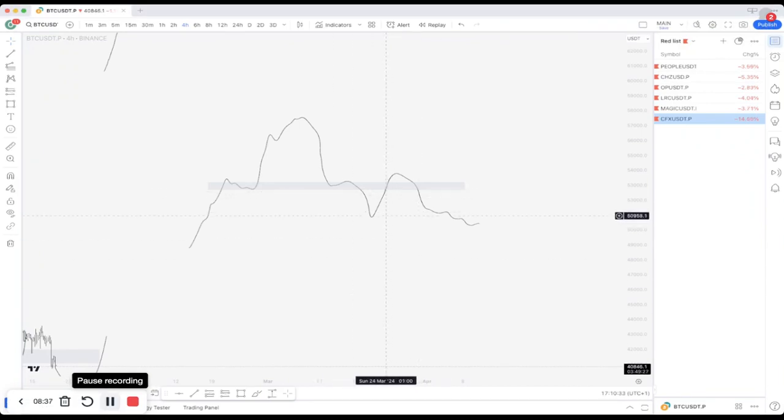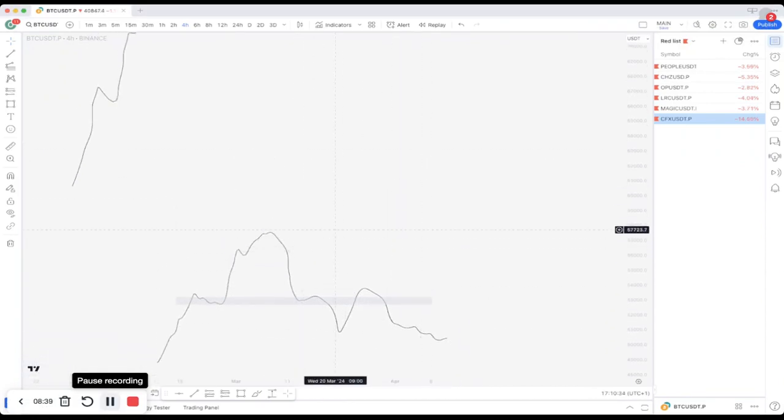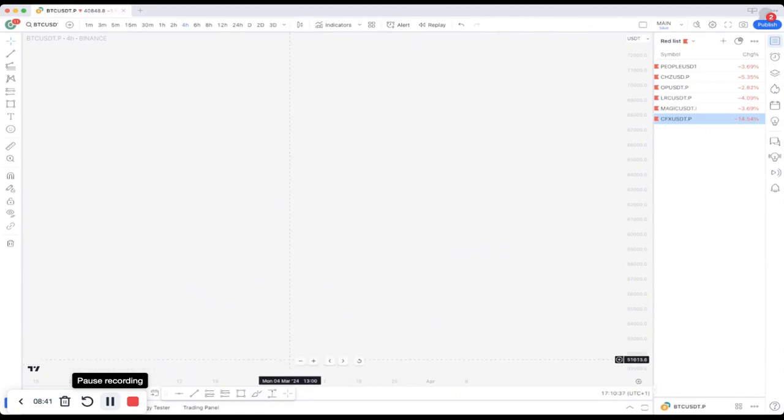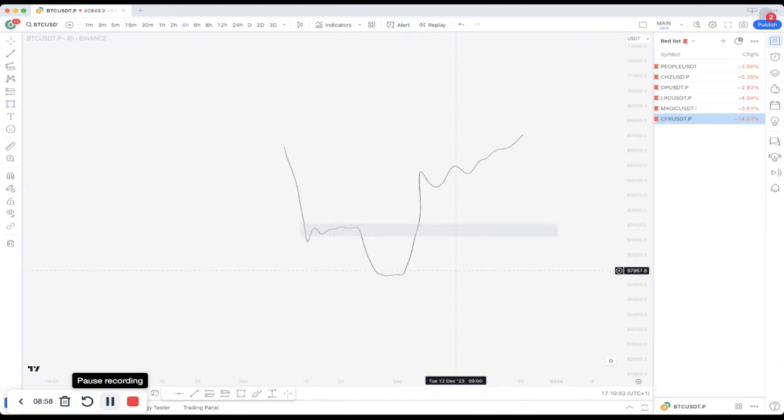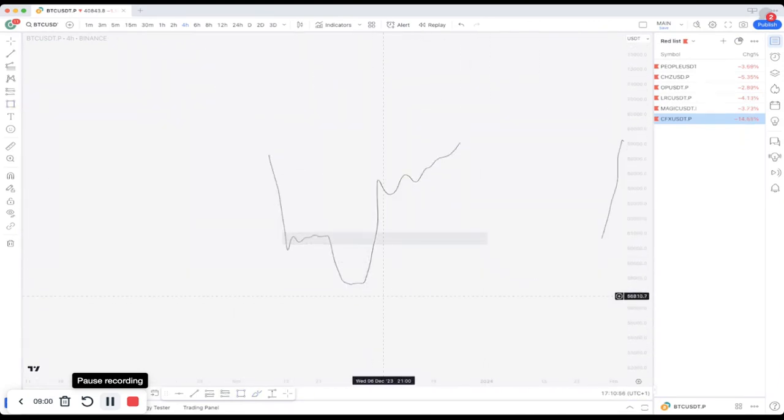Okay, so this will be a mitigated demand. Same thing for supply. Let's go over here. If you see something like that, here's our supply zone, based on the rules we marked out earlier.